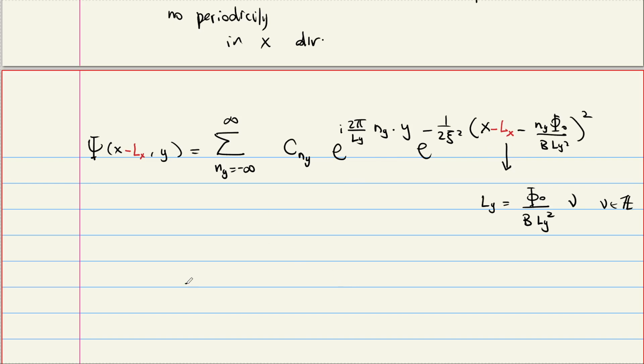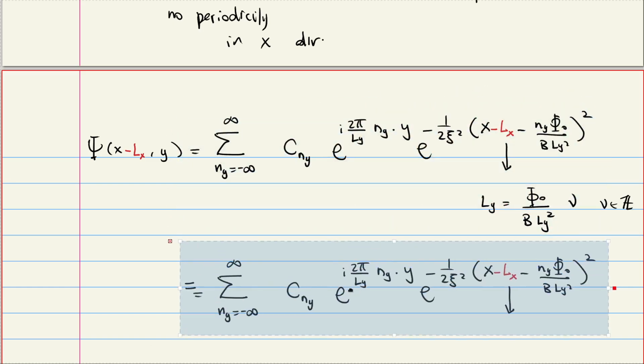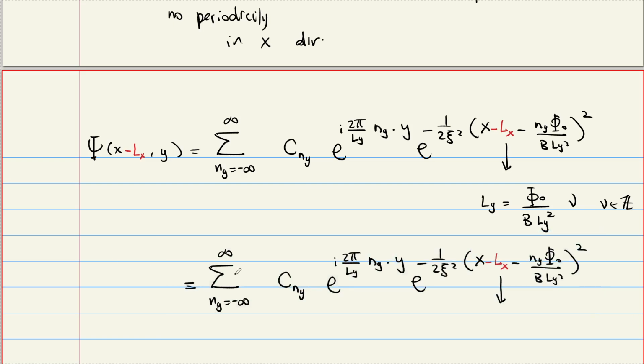Then let's do that. Let's write one more time. So what I will do is I'll erase this and I'm going to write this as ny plus mu.